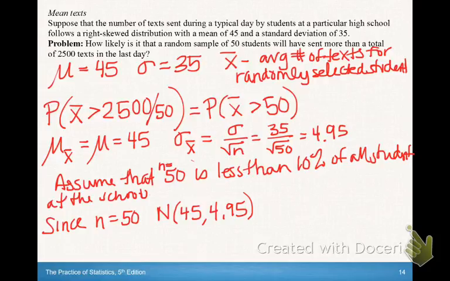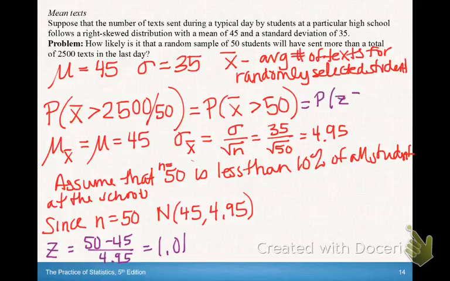Okay, so now I've got to find my z-score to finish this problem out. So I'm going to find z, which is 50 minus the mean divided by the standard deviation, and I got 1.01. So really up here I have the probability that z is greater than 1.01.